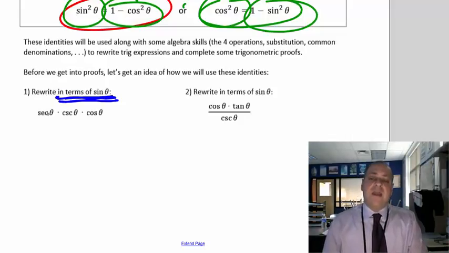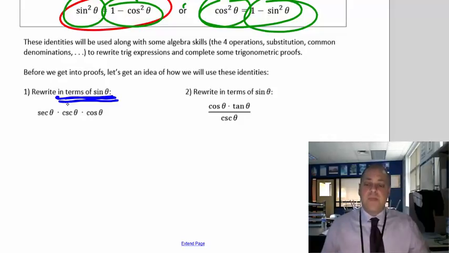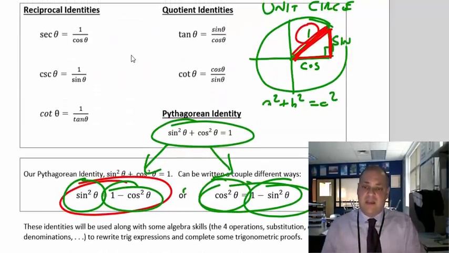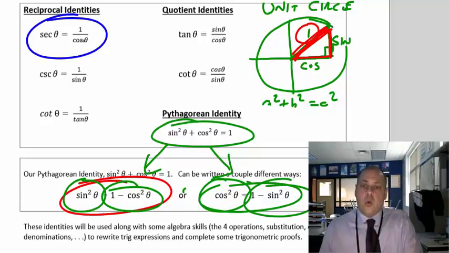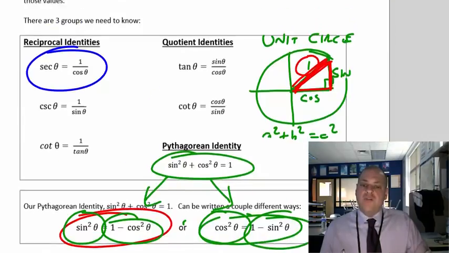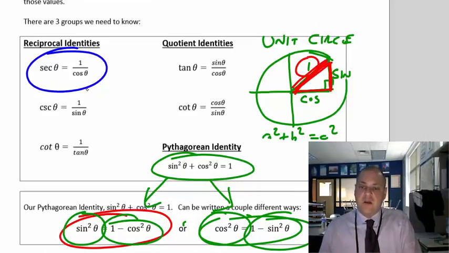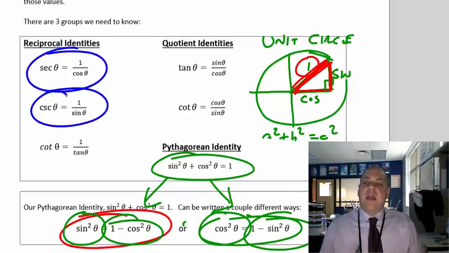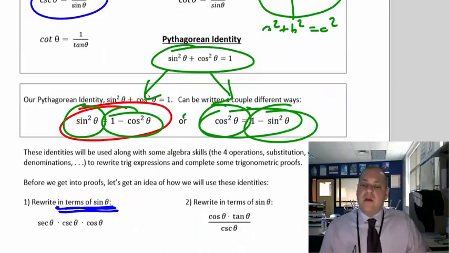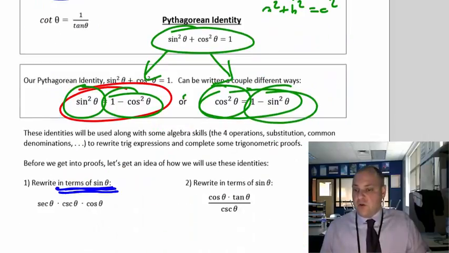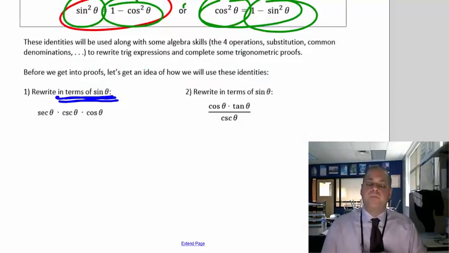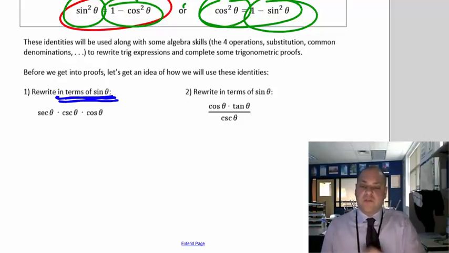So we're going to do that by making substitutions. Now, we already know that secant is 1 over cosine. We know that cosecant is 1 over sine. And cosine is just cosine, so we're not going to do anything with that. So we're going to substitute.